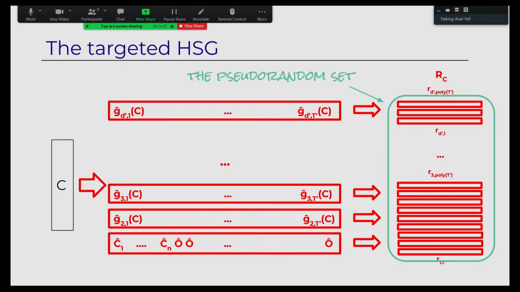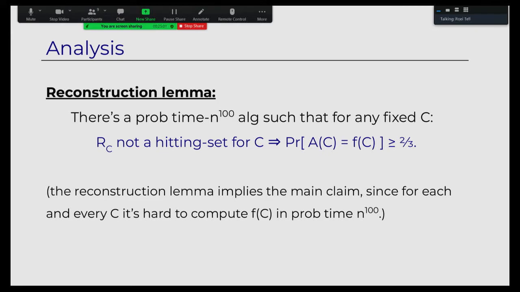The targeted hitting set generator outputs this thing on the right, I'm going to call it R sub C, as a function of C. And the reconstruction tries to compute the hard function at the same C that it manages to distinguish. And if we are able to do this in time n to the 100, then we win.